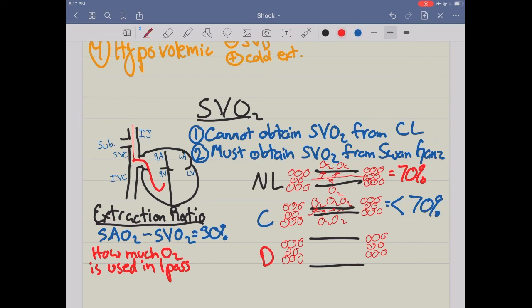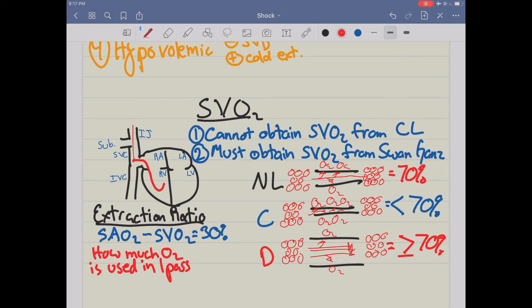And in distributive shock, you have massive venodilation, so a lot of your blood is going to be going straight through without being filtered. Some of it will be, but in diseases like septic shock, where your mitochondria cannot even use the oxygen, as you can guess, the SVO2 is going to be greater than or equal to 70%.